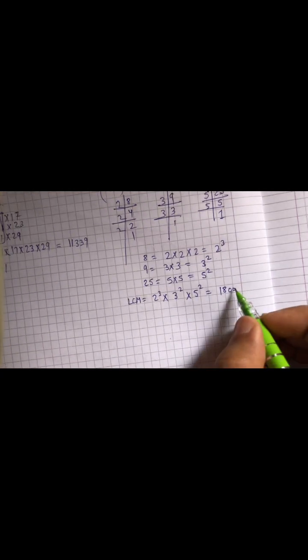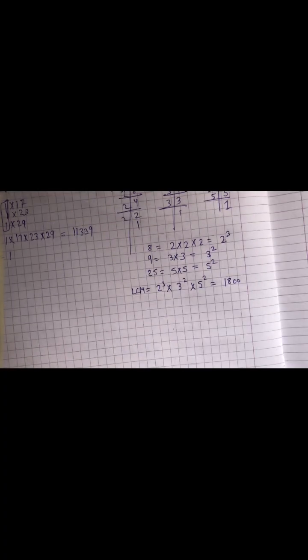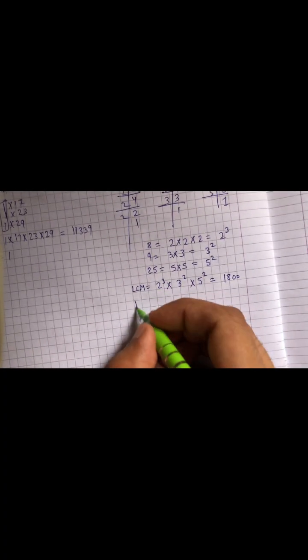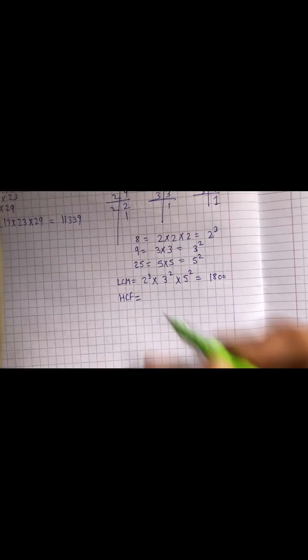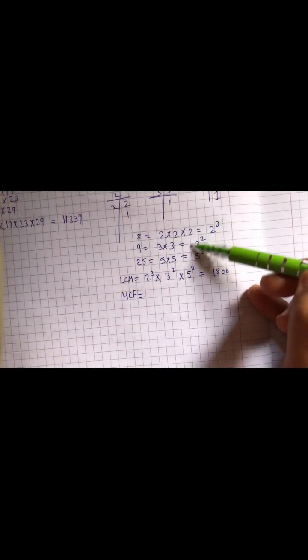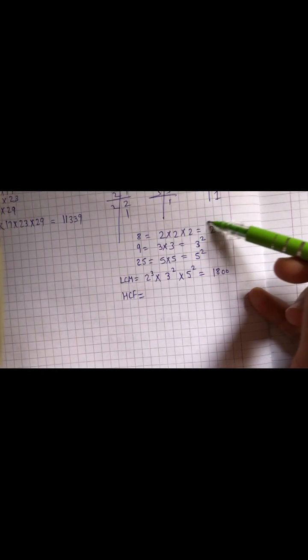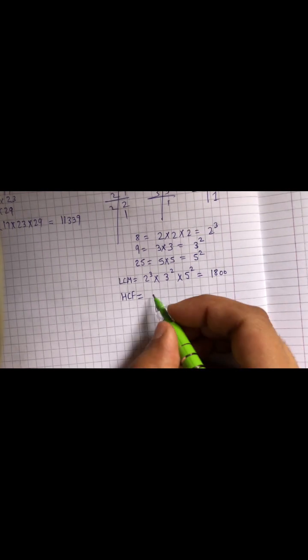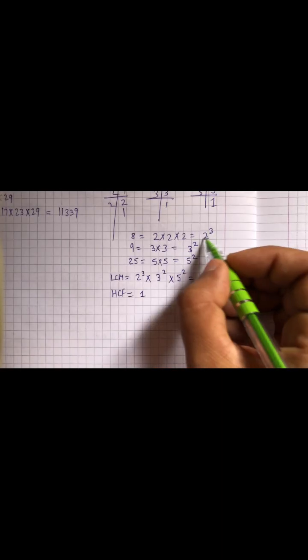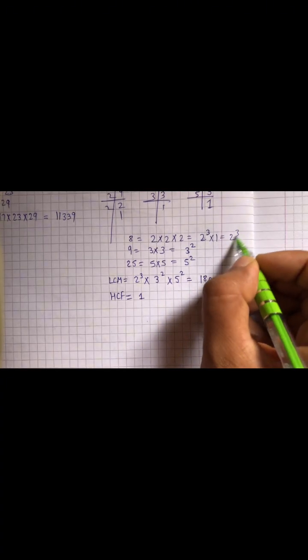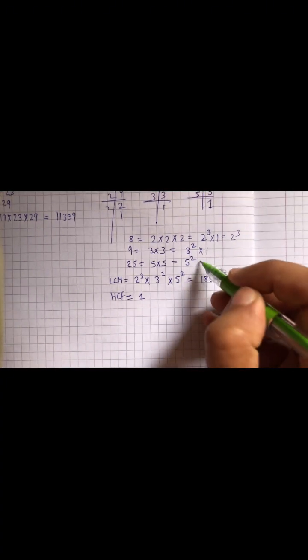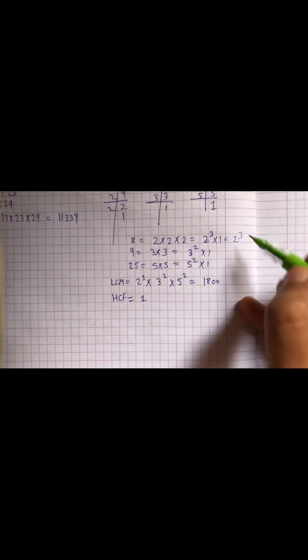You can use a calculator also. HCF is the common factor, and there is nothing common between these three numbers, so the common factor is 1.